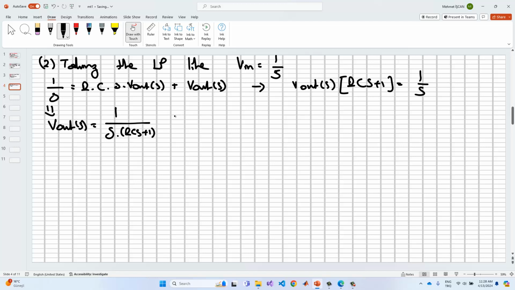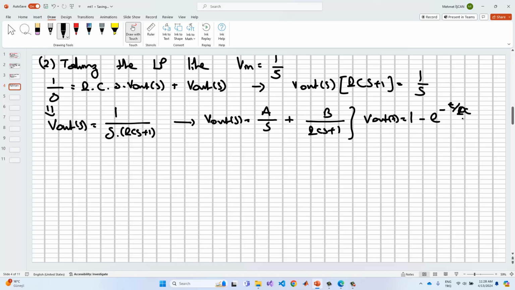Okay? In the Laplace transformation, we can split this term into two parts, right? In order to solve easily, just like this one: A/S plus B/(RCS plus 1). Okay? And so the solution comes from the V out t equals 1 minus e to the minus t divided by RC.